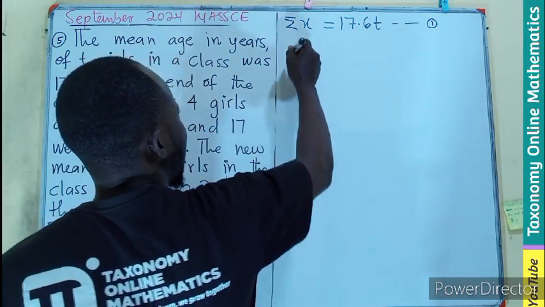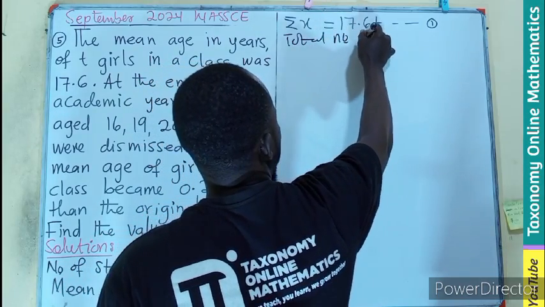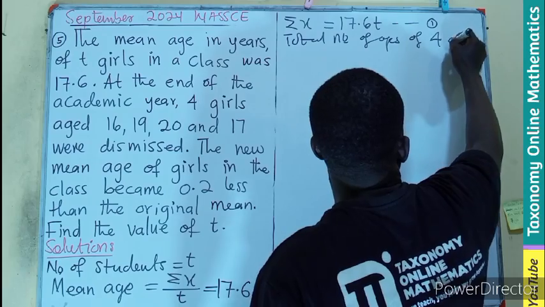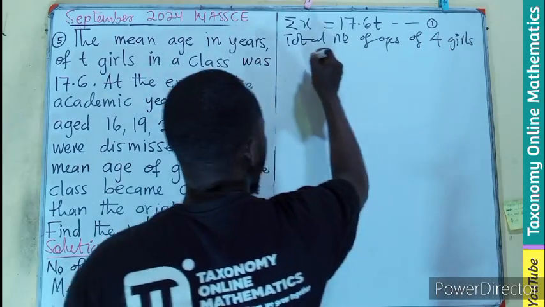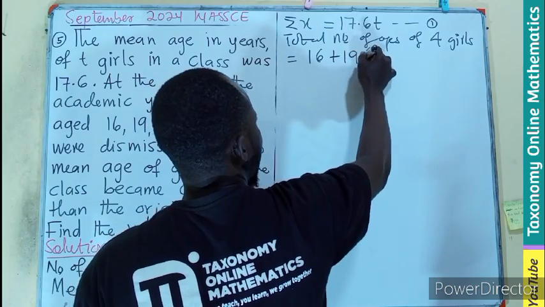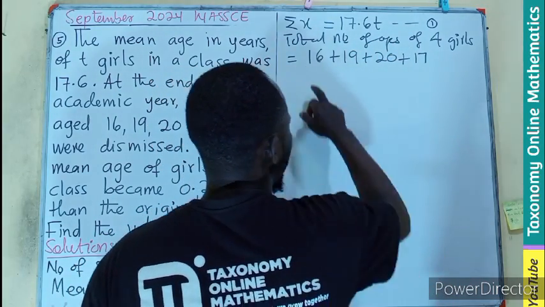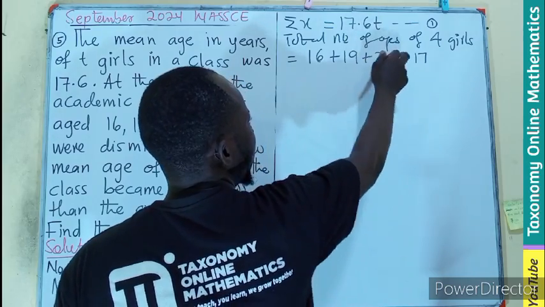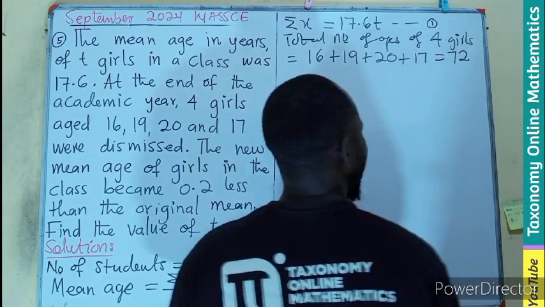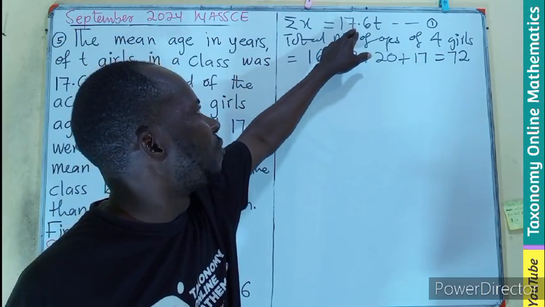So let's find the total number of ages of the 4 girls. This is going to be 16, 19, 20, 17, right? 1, 2, 3, 30, 50, 70, 72. So we have 72, which means the ages that we are going to take away from here.